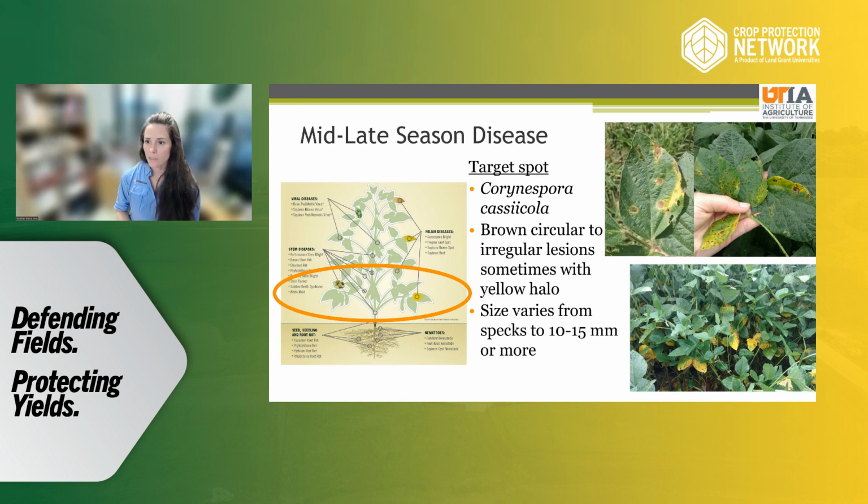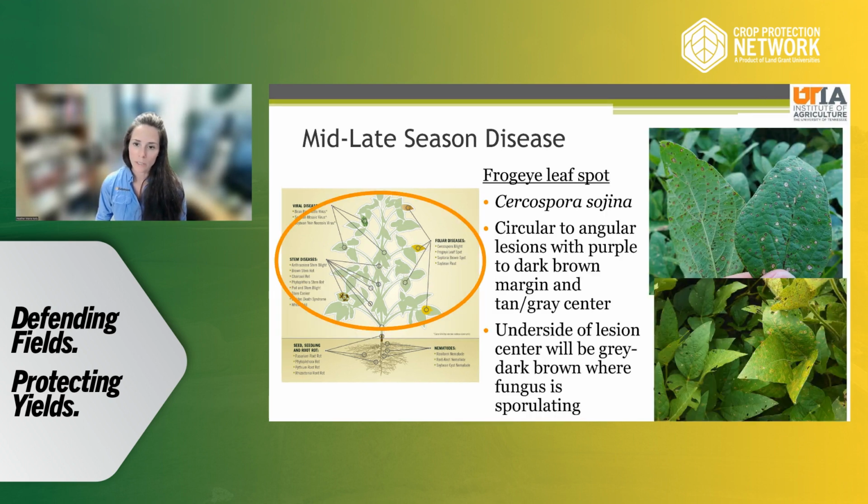Frogeye leaf spot is another very common foliar disease in soybean, again dependent upon the variety selection. There are many varieties out there that have resistance or tolerance to it, where you might not end up seeing it. The picture in the bottom right is actually showing two different varieties next to each other. The one on the right is highly susceptible, where you can see the lesions with halos around them, versus the variety on the left in the same picture, with much fewer lesions, not showing halos.